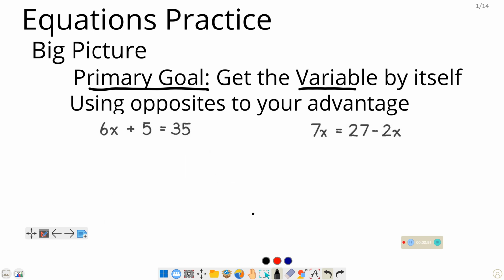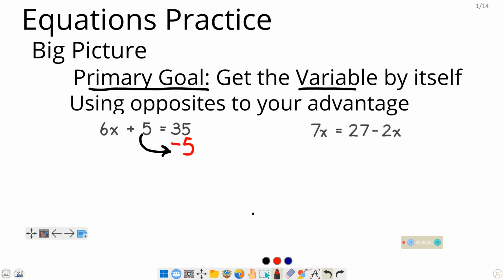Now, in order to do that, we need to use opposites to your advantage. Okay? Using opposites, such as if you see a positive 5 being added, we need to use the opposite, a flip to the other side. The opposite of a positive would be a negative.